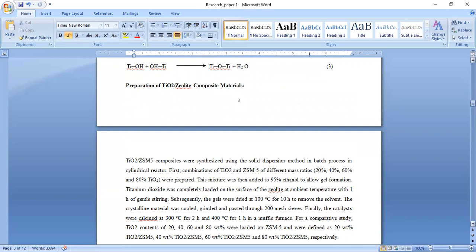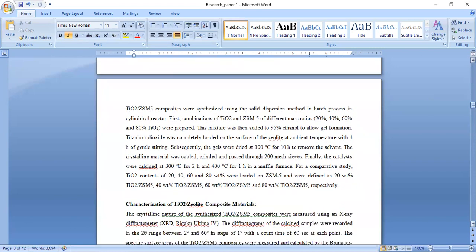Subsequently, the gel is formed and it is dried at 100 degrees Celsius for 10 hours to remove the ethanol. Now the crystalline material was ground and passed through a 20 size sieve. Finally, the solid was calcined at 400 degrees and 300 degrees for 1 and 2 hours respectively.